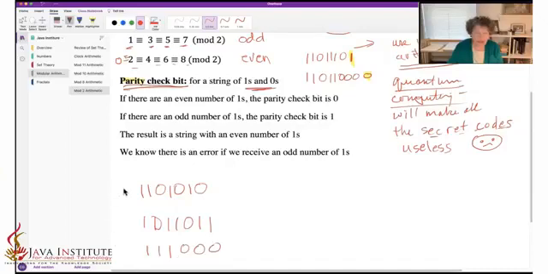Let's call these A, B, C. I tell you before I send the message that I'm going to use a parity check bit, and I send you these 3, so you know I was using a parity check bit.